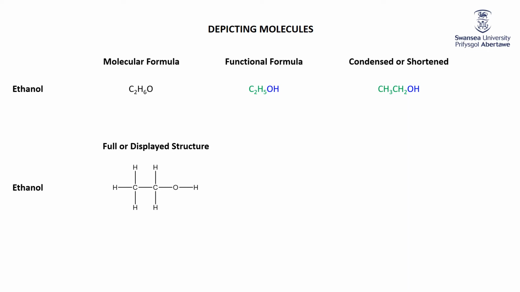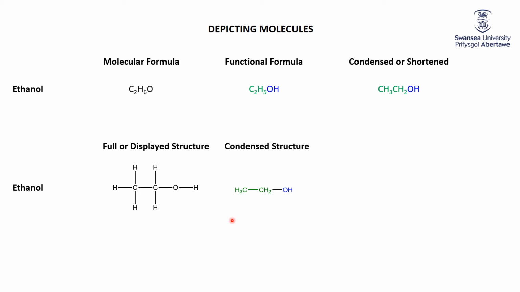Now we call that a condensed or shortened formula because it comes from a condensed structure. In a condensed structure, we don't depict every single bond, but we don't lump all of the carbon-hydrogen together. Instead, we put it in terms of little carbon-hydrogen groups. So you can see we've got this carbon here with 3 hydrogens, this one here with 2 hydrogens, and then again, making it very clear there's the important little bit there.